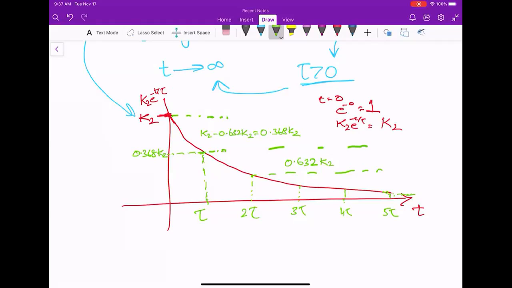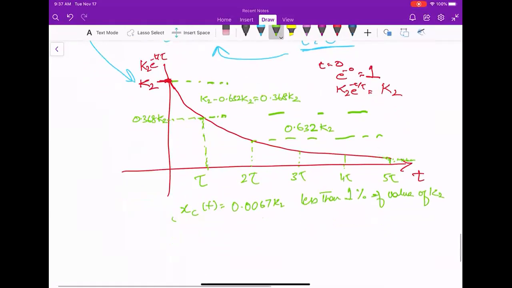Until you reach 5 tau, they said that xc of t, which is the natural response, will be 0.0067 K2, which is very, very small, less than 1% of the value of K2. So it means that as time passes, your transient settles down to its minimum value.